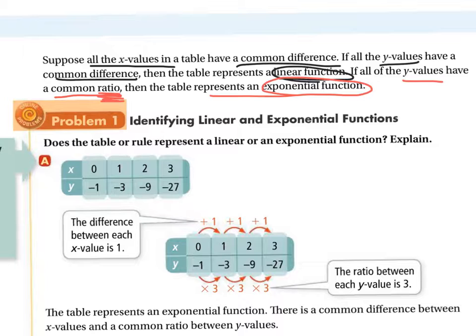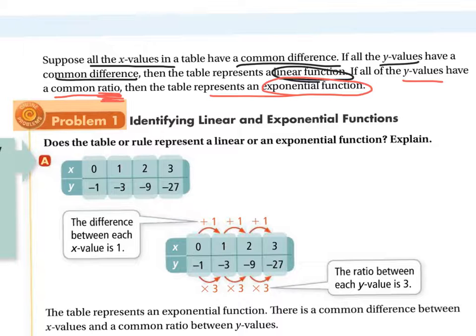So common difference on the x's, common difference on the y's, it's a linear function. Common difference on the x, but a common ratio on the y's, then it's exponential. So we'll see what that means as we go through this.